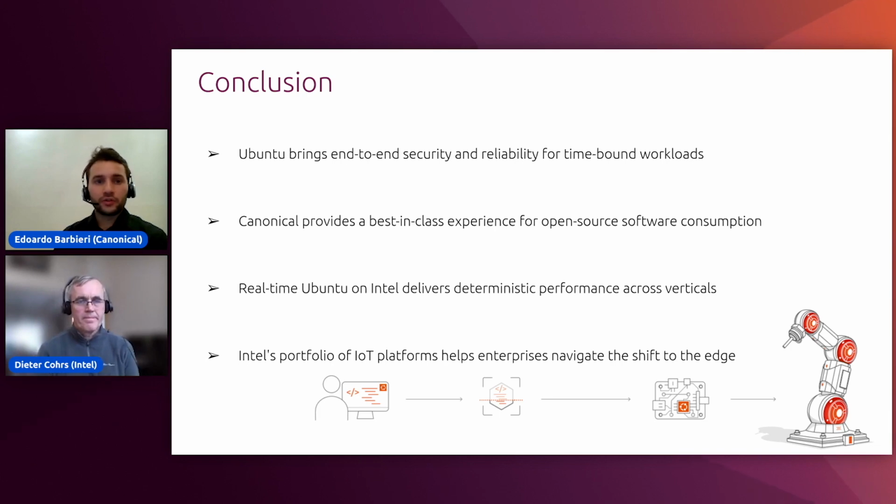And as we mentioned, real-time compute is at the core of this software-defined transformation. At Canonical, we recently announced the general availability of real-time Ubuntu with the upstream real-time patches applied.